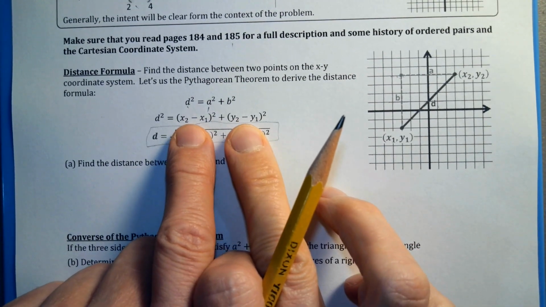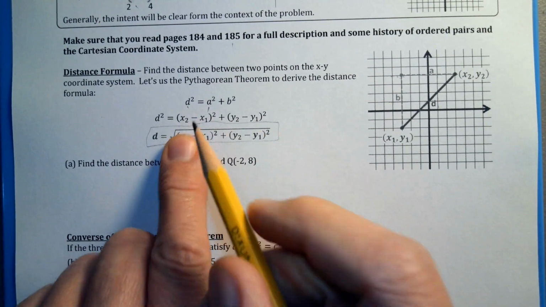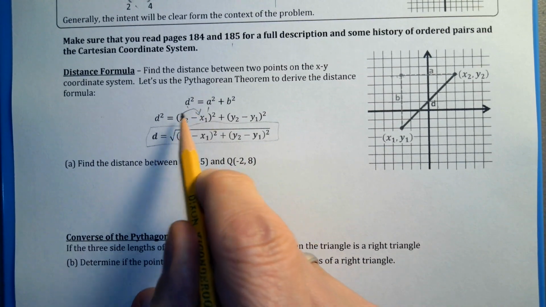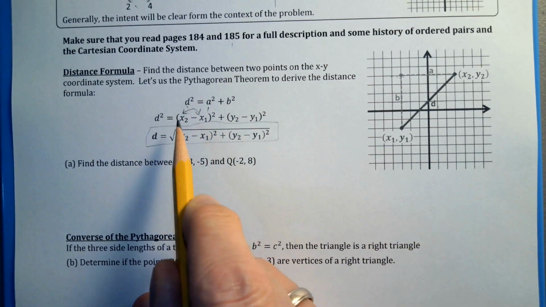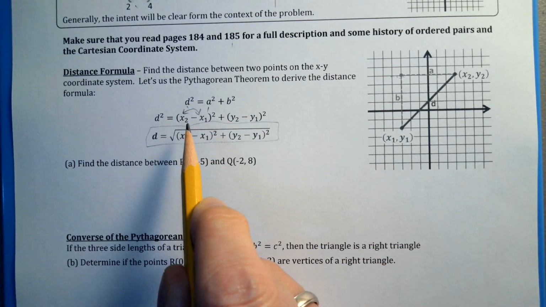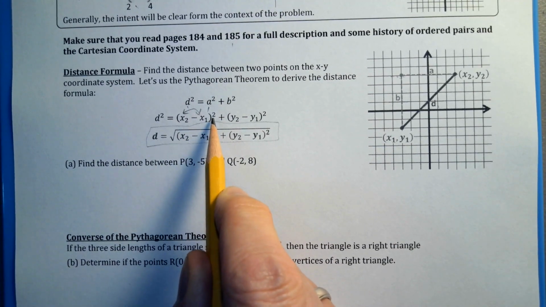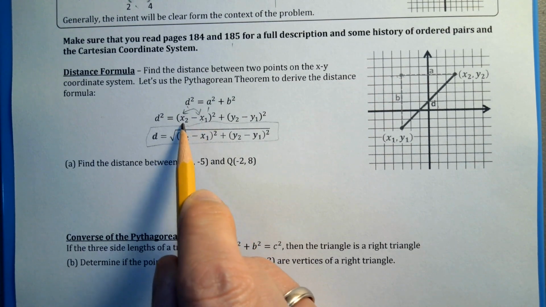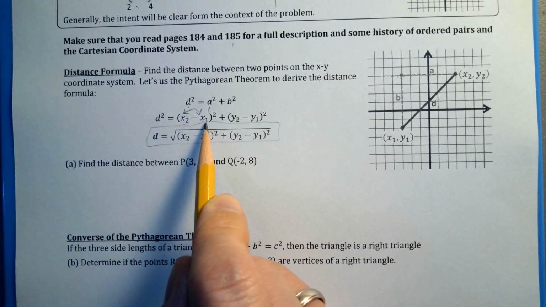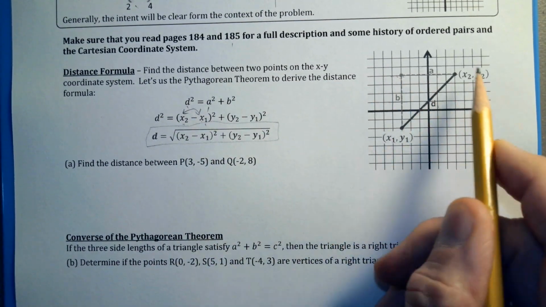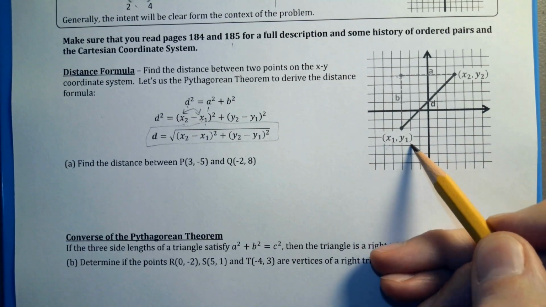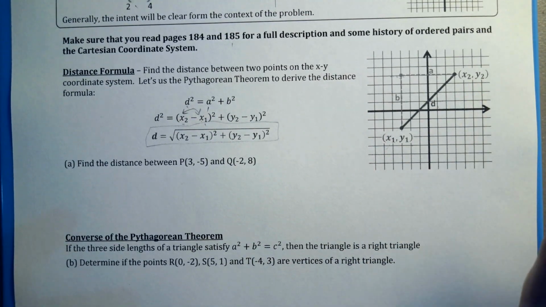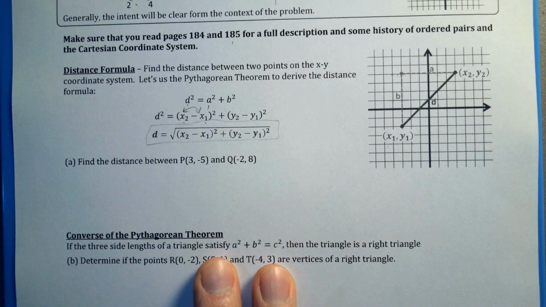Ultimately, this formula is fairly forgiving, because if I were to reverse x1 and x2, that'll give me a sign change, but we're squaring it, so it doesn't really matter. So if you say x sub 1 minus x sub 2 or x sub 2 minus x sub 1, it doesn't really matter. And who's to say which one is x sub 1? Maybe this is the second point, maybe this is the first point. Really doesn't matter. So it's a very forgiving formula.